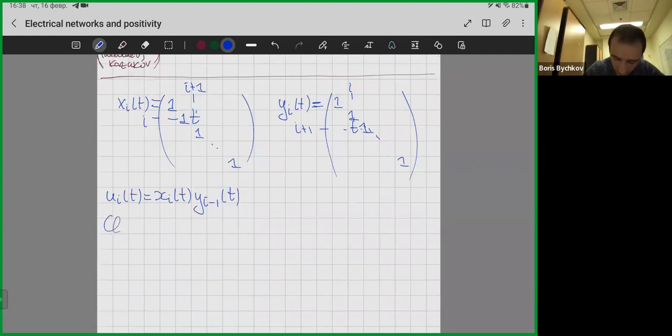The claim is that these U_i should preserve the symplectic form.